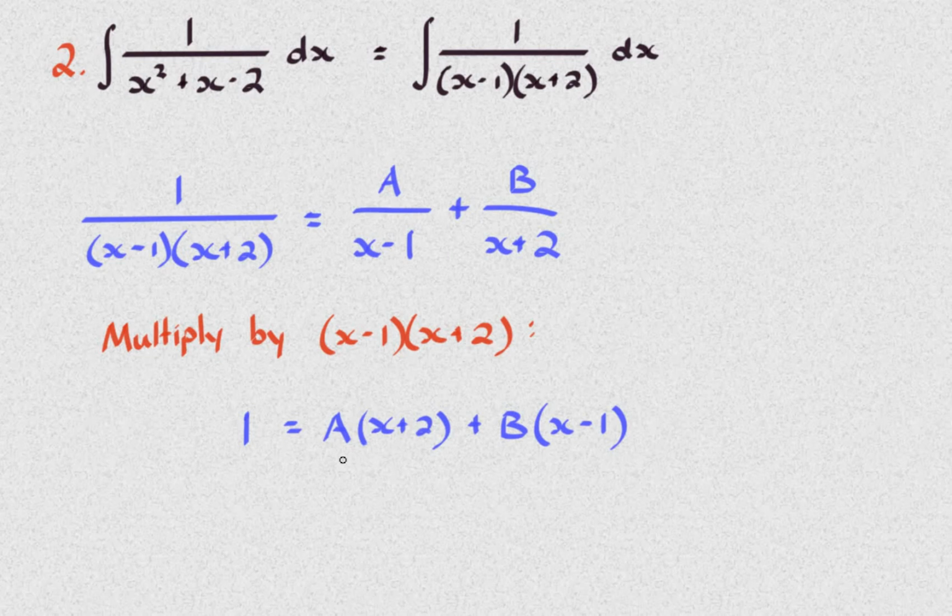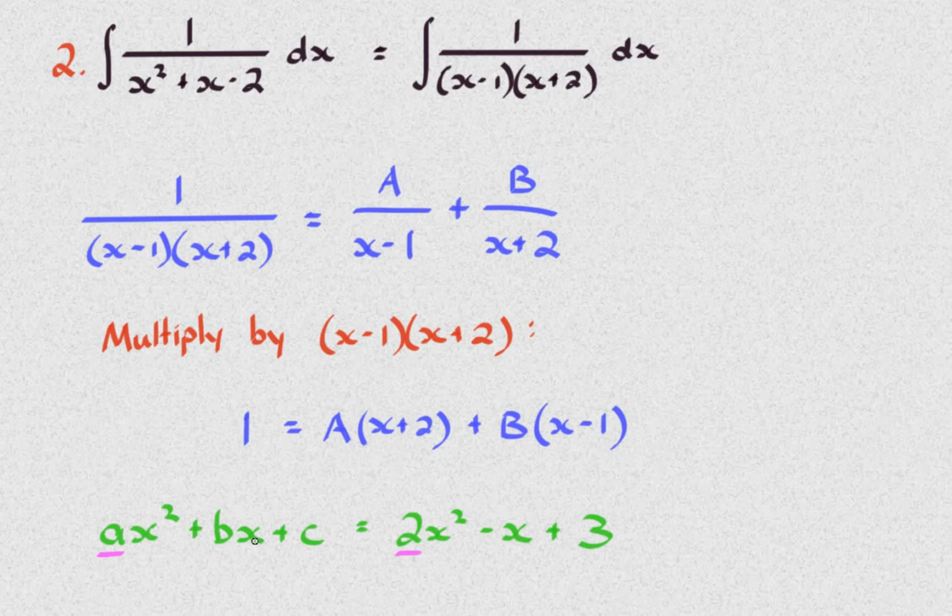So what we need to do is to equate coefficients. Remember that if we have some equation like this, the only way that ax squared plus bx plus c can be equal to 2x squared minus x plus 3 is if we equate coefficients. So the coefficients of x squared, a and 2, must be equal.